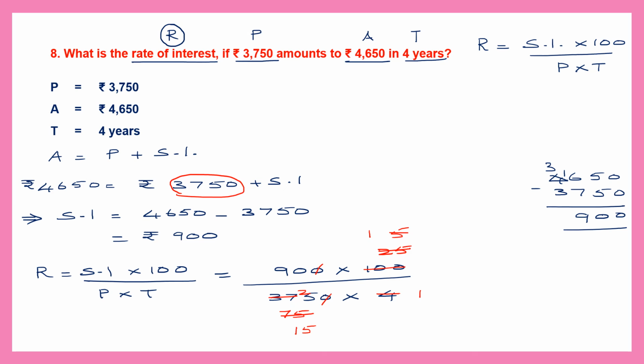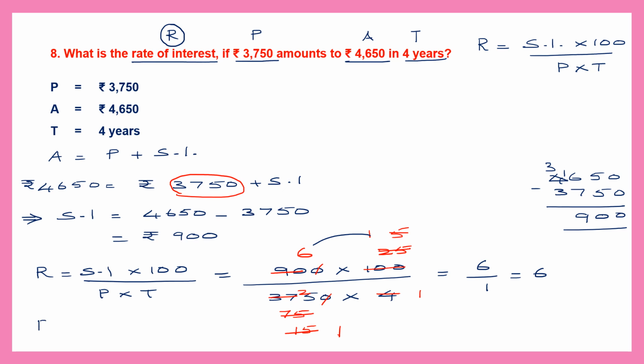Now I can cancel 15 and 90. 15 ones are 15 and 15 into 6 is 90. So now let's multiply the numerator. 6 ones are 6, and in the denominator we have 1. 6 by 1 is 6.